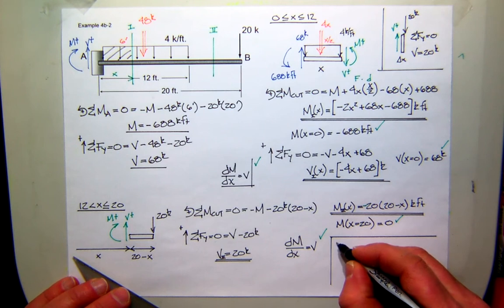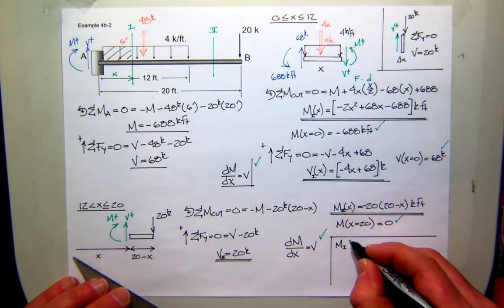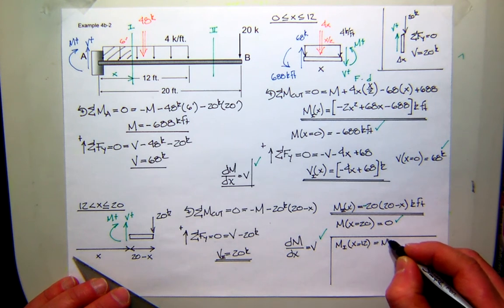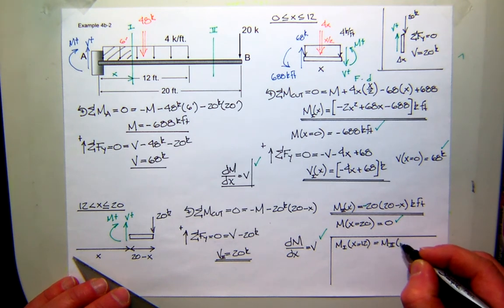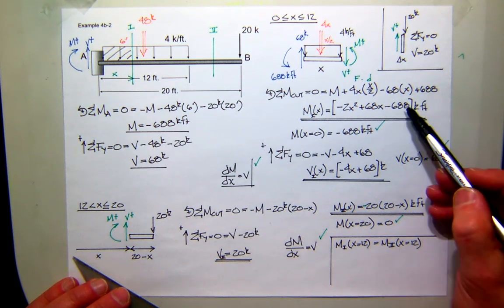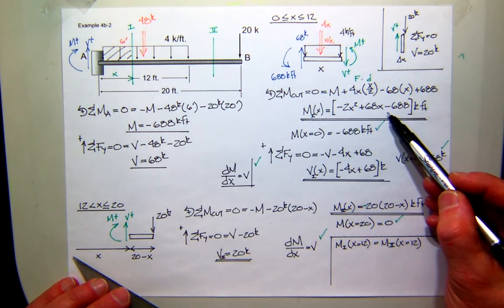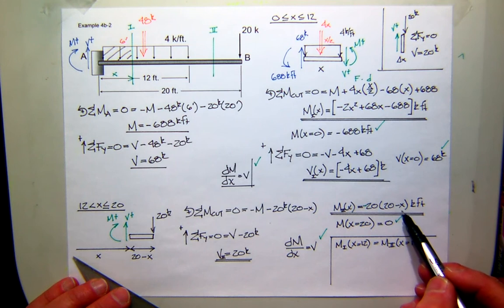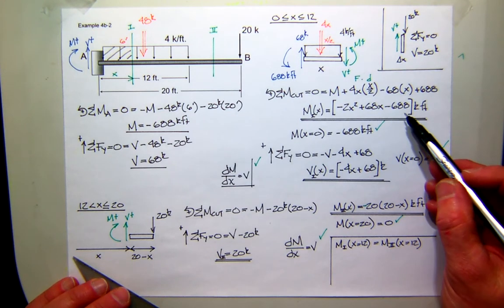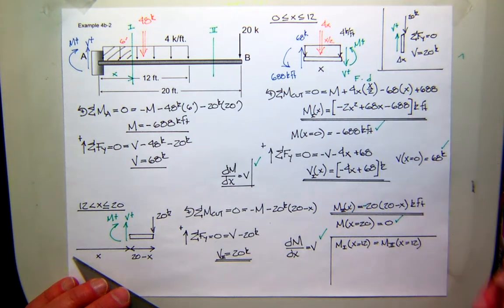And I'm going to look at whether the moment from section 1 at x equal 12 is equal to the moment in 2 at x equal 12. So somebody has to evaluate this at 12, and somebody has to evaluate this at 12. I can do that. That's 160. Does this come out to be 160? Should be negative 160, by the way. Can somebody put in 12 there and do that real quick?